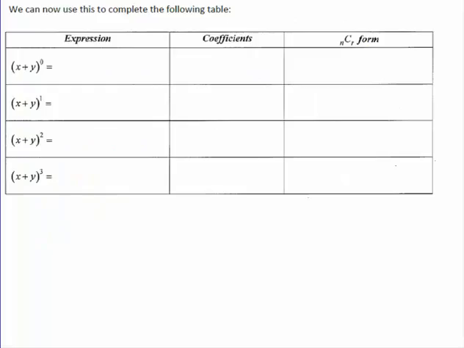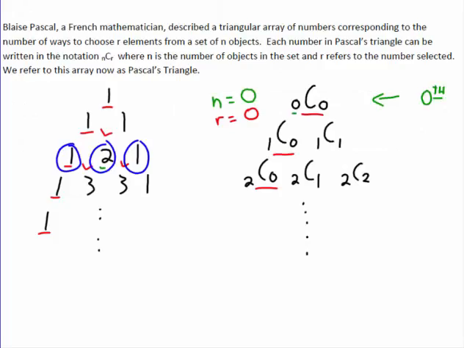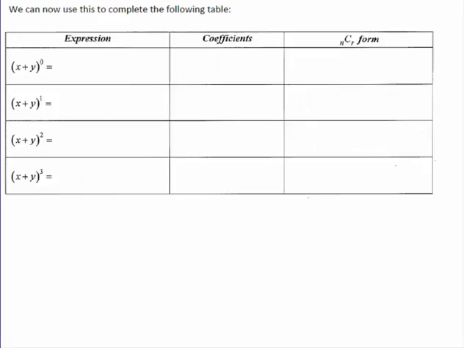So let's put this together to make it a little bit clearer in how we're going to use it. Well, here is a binomial, x plus y to the 0. If we were to expand this binomial, we know that anything to the 0 would just be 1. Next one down, x plus y to the 1, well, it's just x plus y.